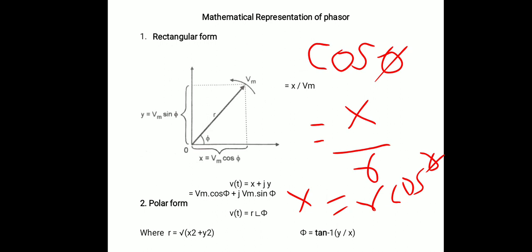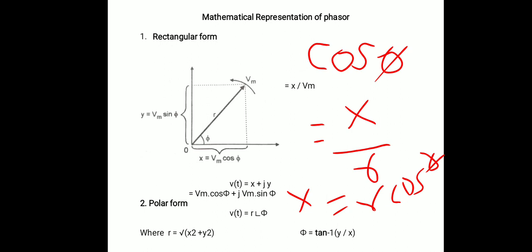So put that x and y in the first formula, V of t is equal to x plus jy. We get the rectangular form of phasor representation, which is Vm cos of theta plus j Vm sin of theta. So I have explained how to determine x: the value of x is determined by the formula cos of theta equal to x by r, so x is equal to r cos of theta, and r is nothing but Vm.